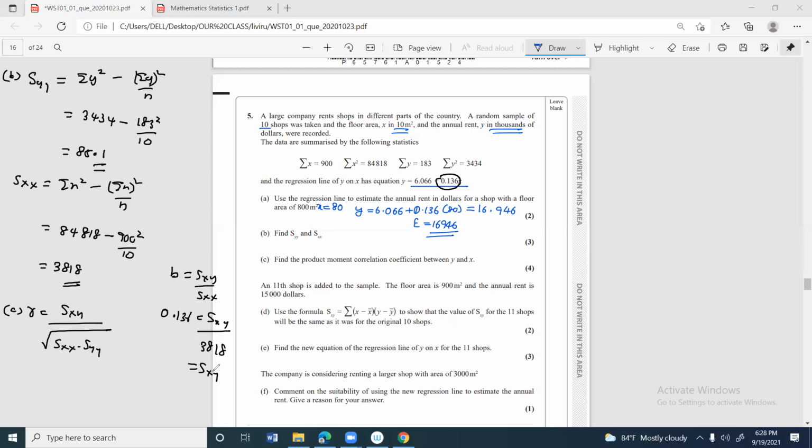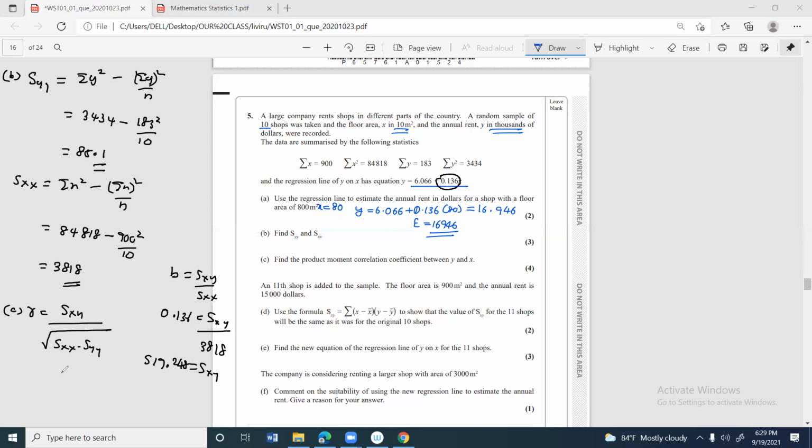With this, you can get the answer. Sxy is 0.136 times 3,880. That is 0.248... sorry, 519.284.